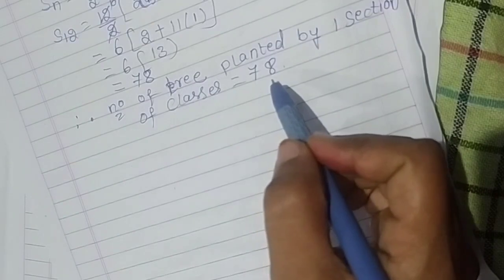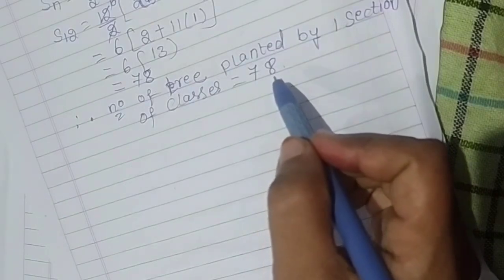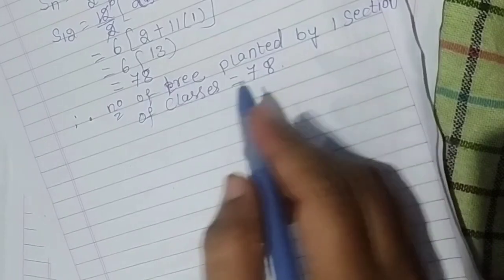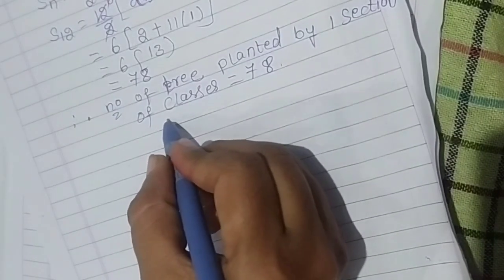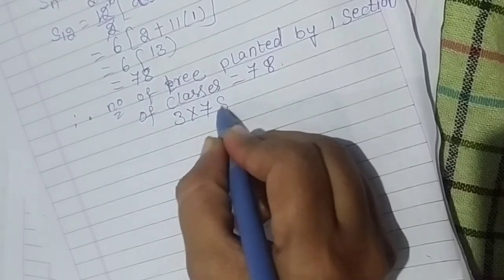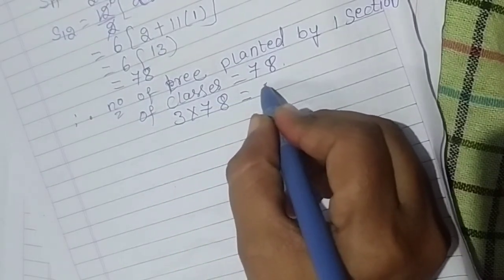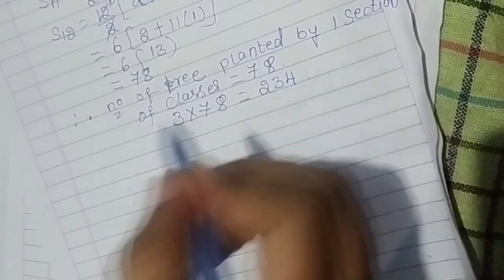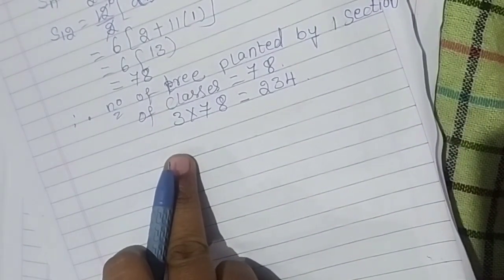But there are 3 sections. Each class will be having 3 sections. So what you have to do? You have to multiply by 3. So 3 into 78, you will get 234. Why do we have to multiply by 3 here?